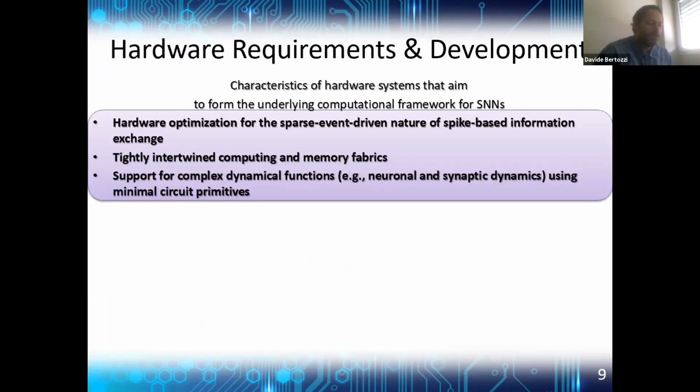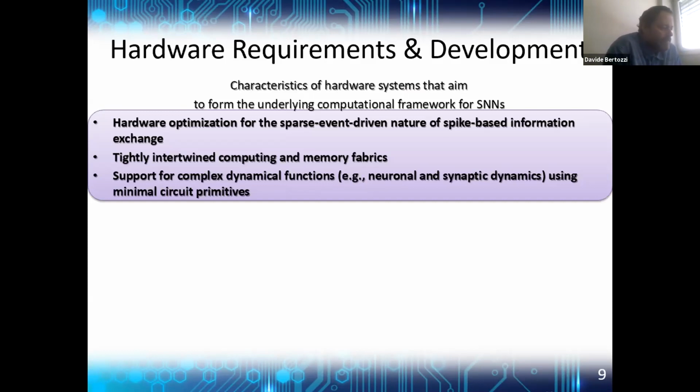From the above description of information processing as spike-based communication, a few characteristics of our systems that aim to form the underlying compute base for spiky neural networks can easily be hypothesized. Among these, we find the following items.